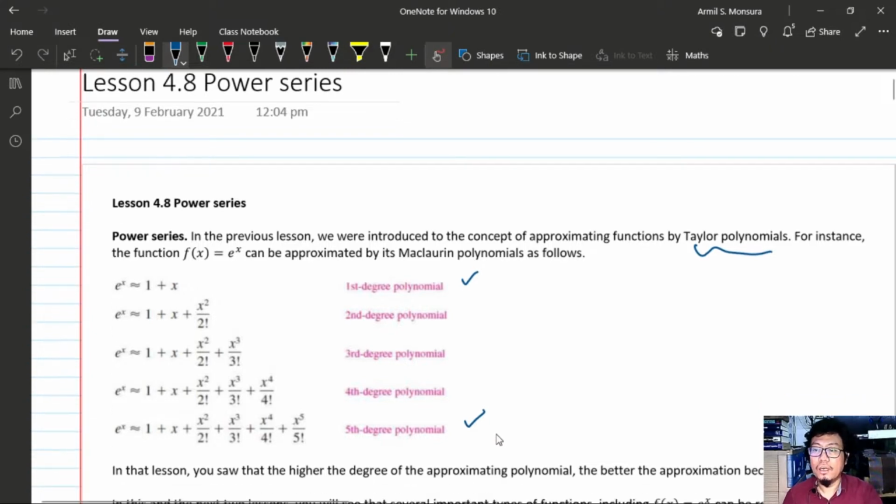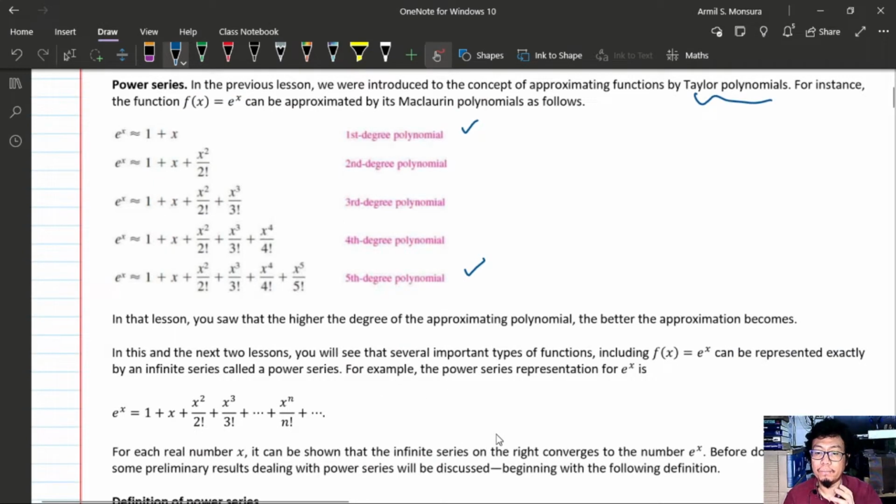And we have also discussed that the higher the degree or the higher the order of the approximating polynomial, the better the approximation becomes. Now, what we are going to do is to have the function written in terms of a series of polynomials.